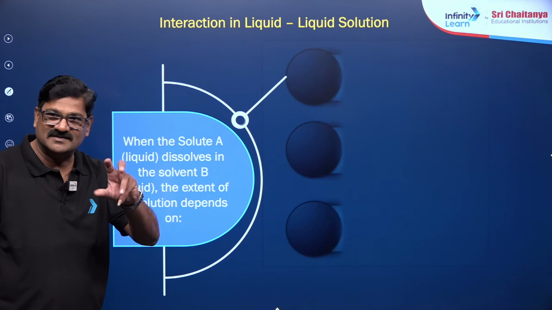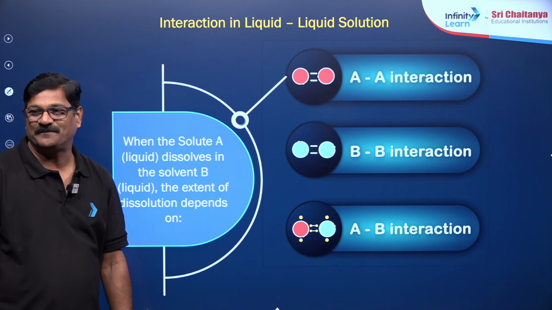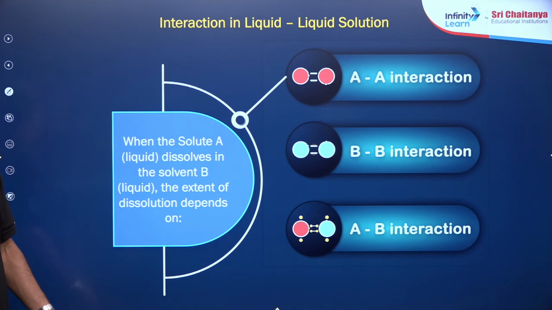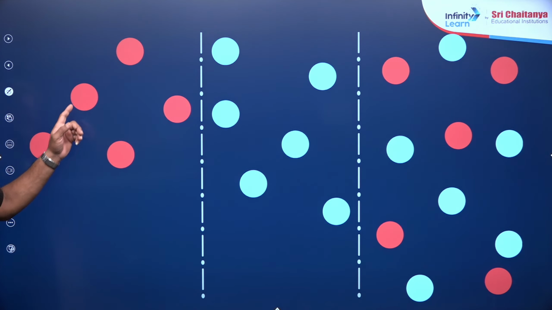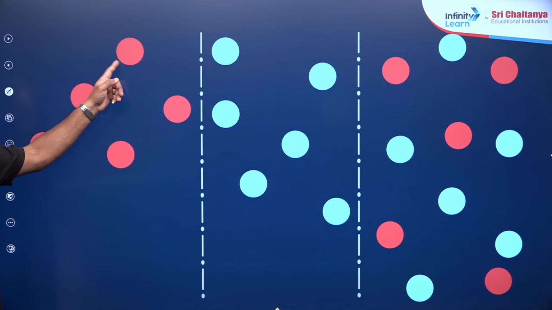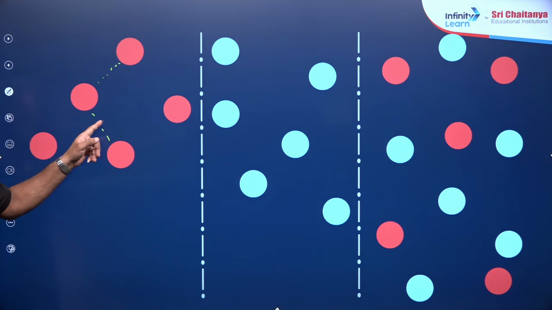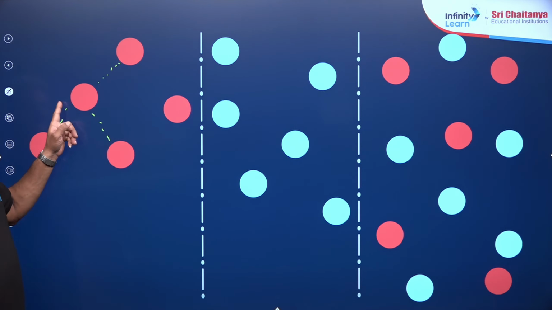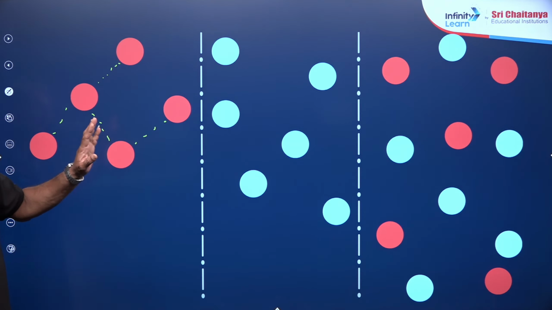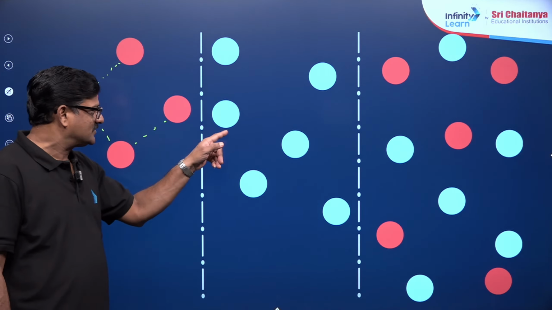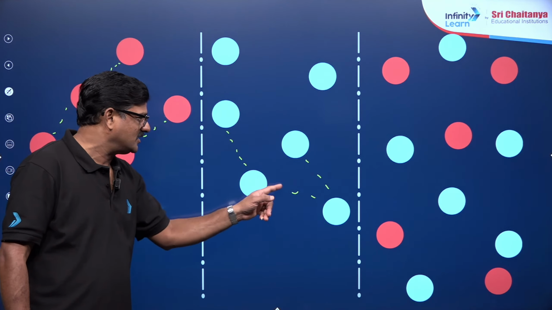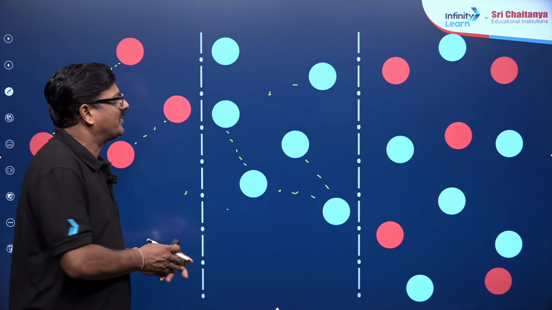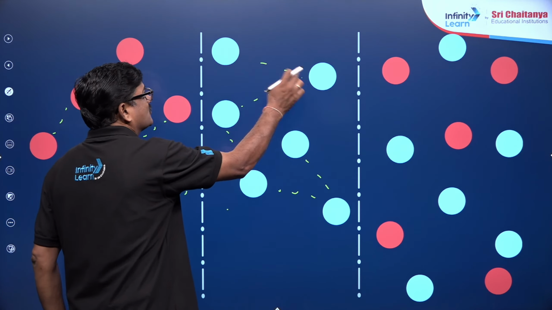Can you see the animation that is being shown here? That's what I wanted to show. If this is A, there is an intermolecular force between A and A. When you have a separate B, the B molecules also have intermolecular forces. What happens when A and B are mixed?